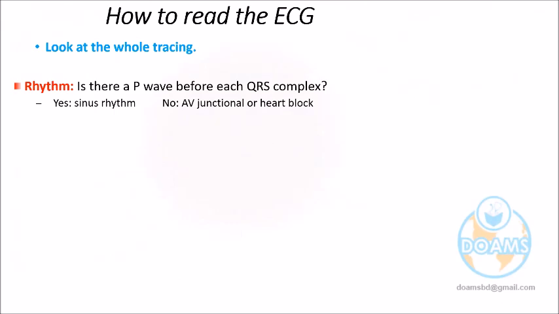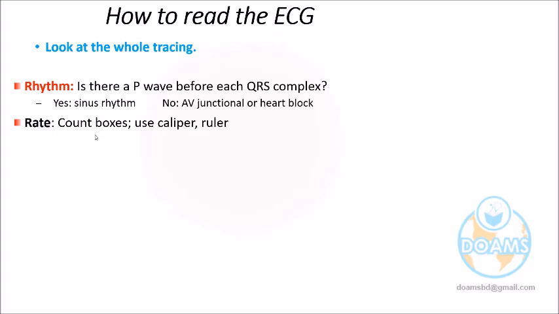Sinus rhythm means the P wave is followed by the QRS complex, and the P position and morphology are okay. It means this is sinus, that is, sinoatrial node. If P is generated from another point of the atrial muscle, then the P morphology will be different. We will try to show you that later on.